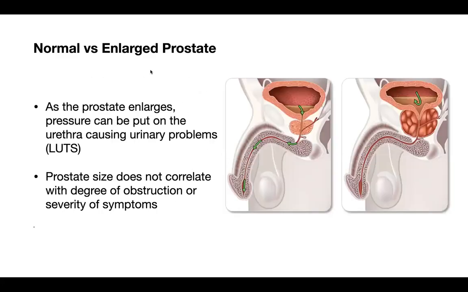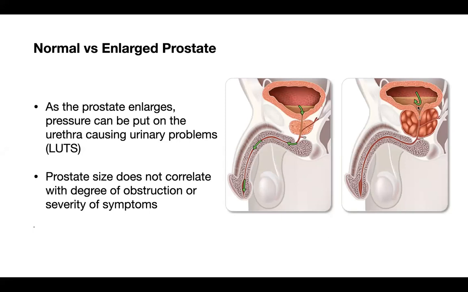Now looking at the prostate, we have said that it is usually walnut shaped, and it grows with time. As the prostate enlarges, pressure can be put on the urethra, causing urinary symptoms. As we see in the image on the right, the prostate is quite enlarged, and that results in poor emptying of the bladder.